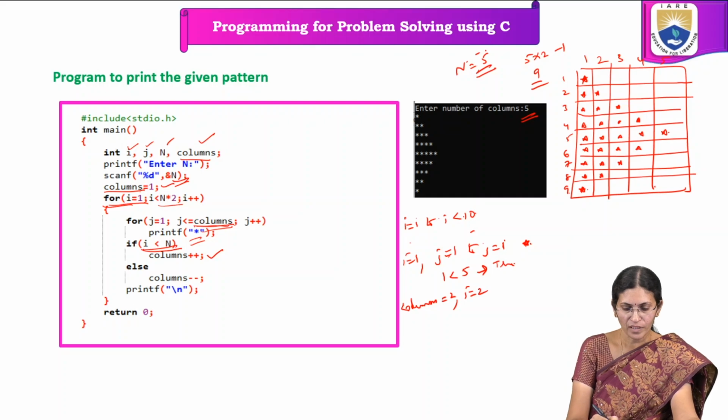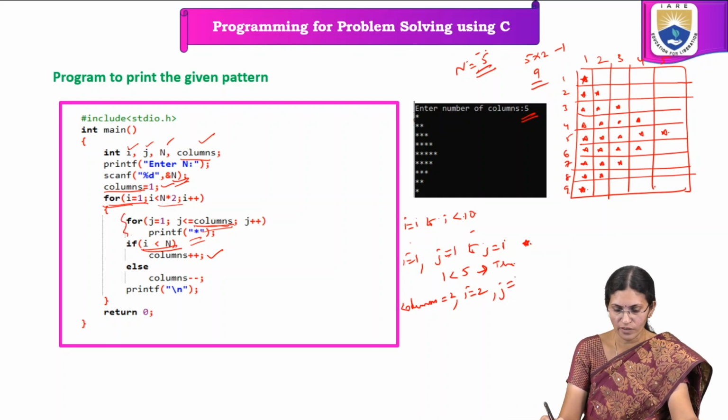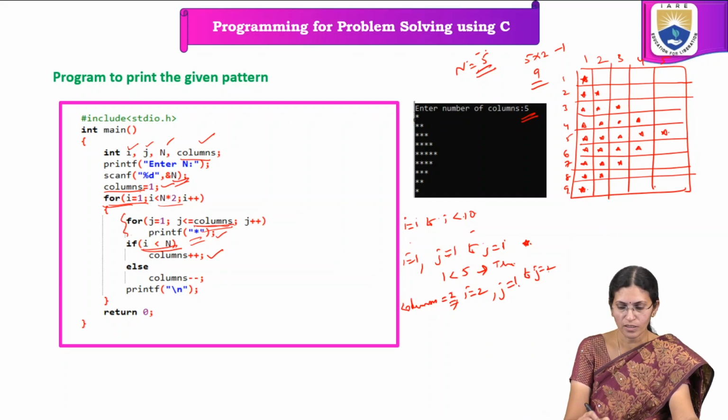Now i is equal to 2. How many stars are to be printed is decided based upon this for loop. j will vary from 1 to 2 because the columns value is equal to 2, so j takes the values 1 and 2. So 2 stars will be printed in the next line.